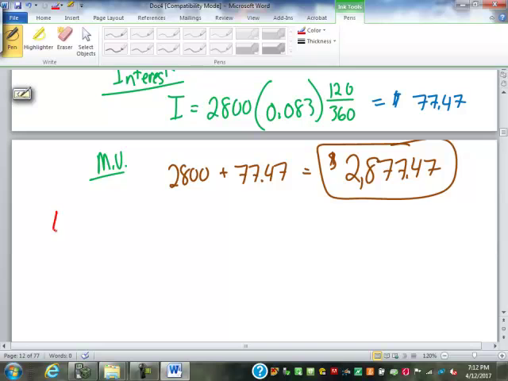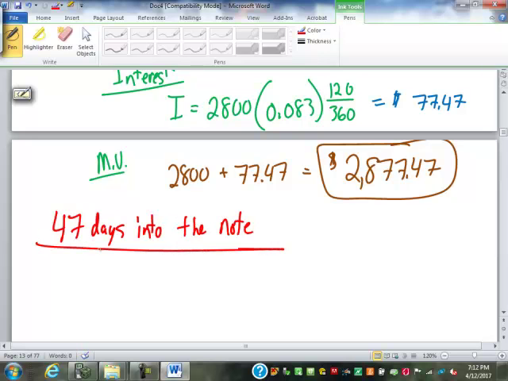But let's say that 47 days into the note, Kim needs money. Kim's looking at this saying, hey, Pat owes me money.